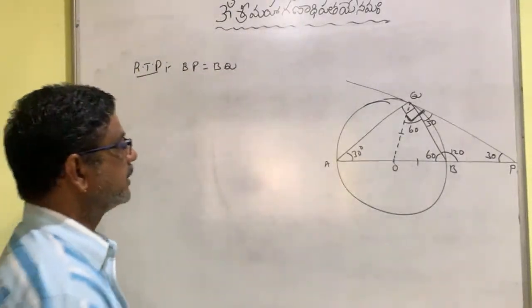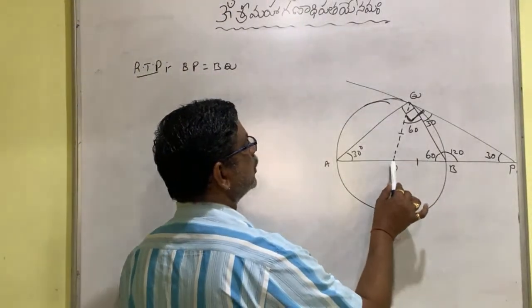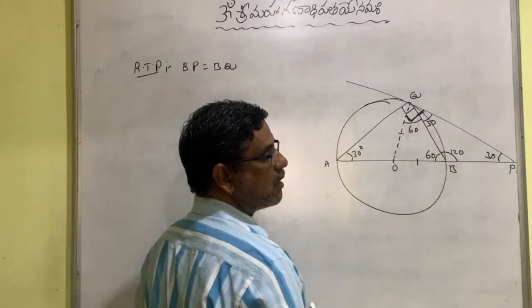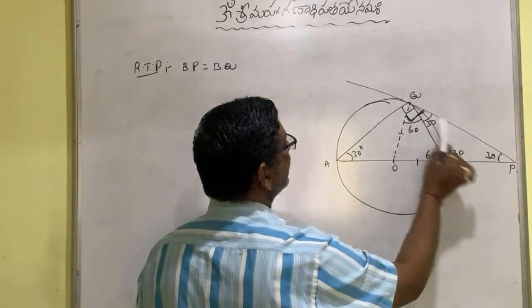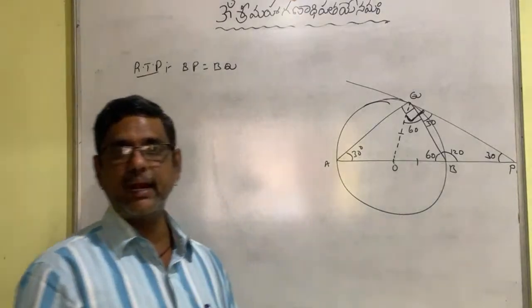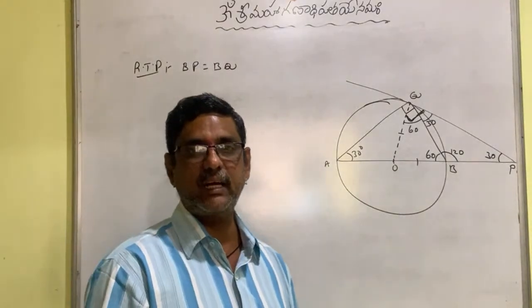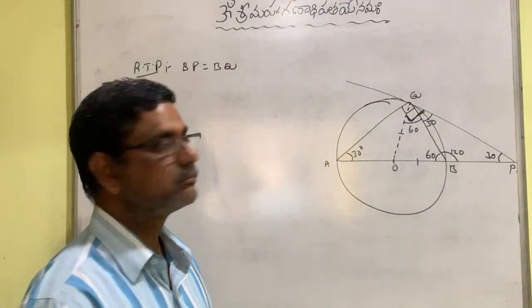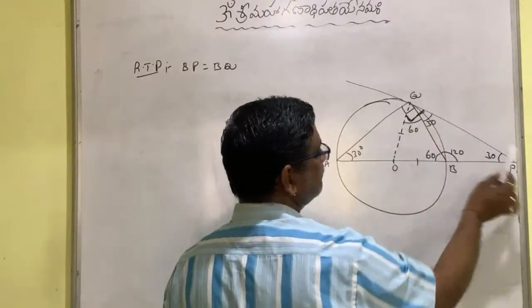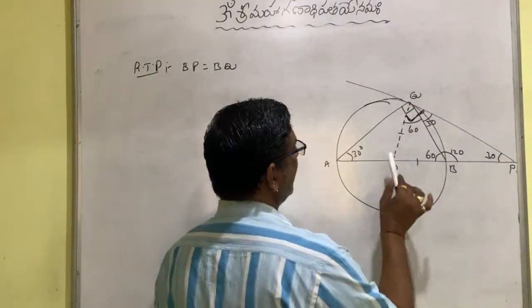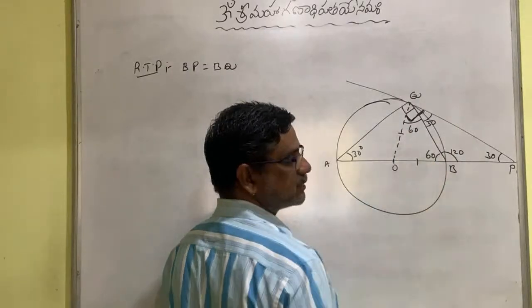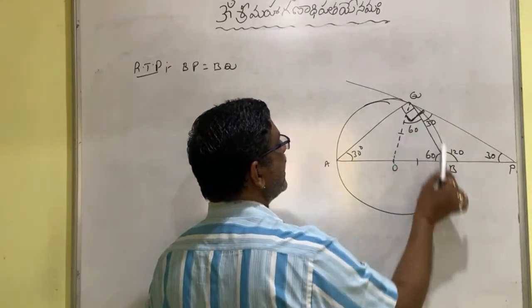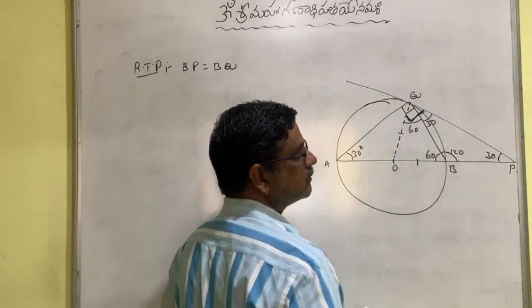Once again, see. Join OQ. Angle OQP is 90 degrees. Radius is perpendicular to the tangent at the point of contact. But angle OQB is 60 degrees. Why?